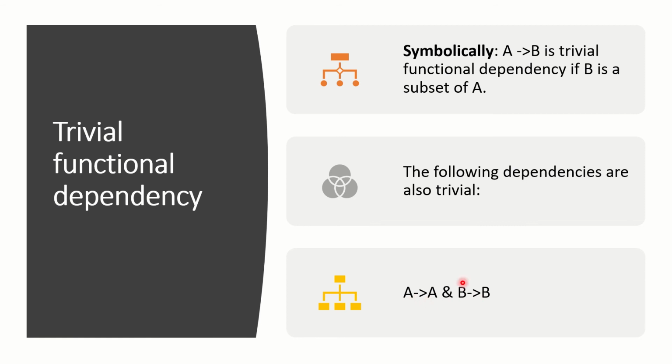That is, A implies A, B implies B. So always this one is trivial.